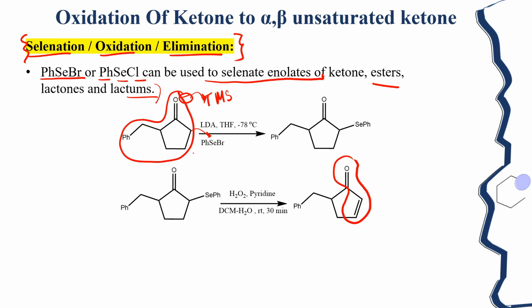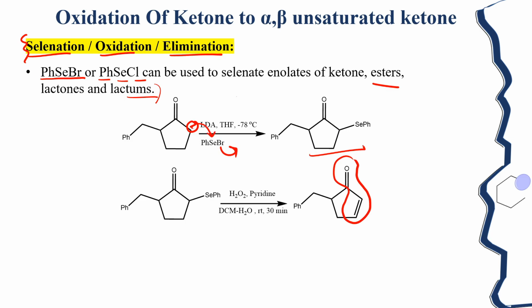Remember that in this case, although it is forming an enolate, the negative charge will attack here to remove the bromine and form this type of selenated enolate, and then this selenated enolate will first undergo oxidation, and the second step is elimination, which takes place to form this alpha beta unsaturated ketone.